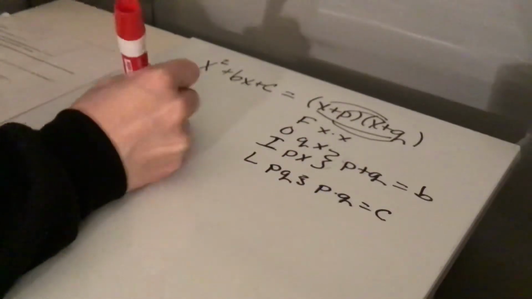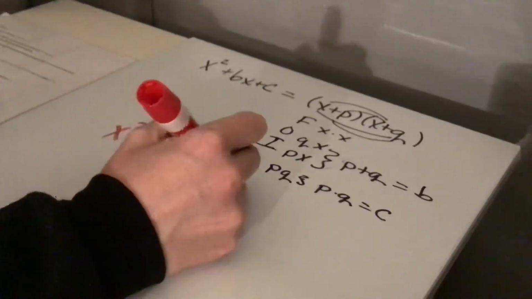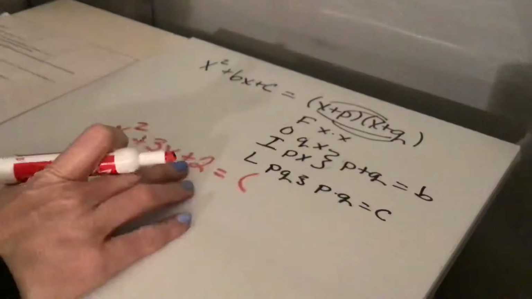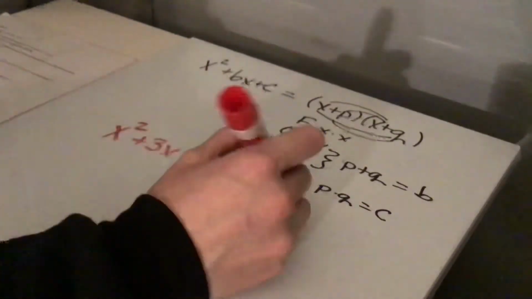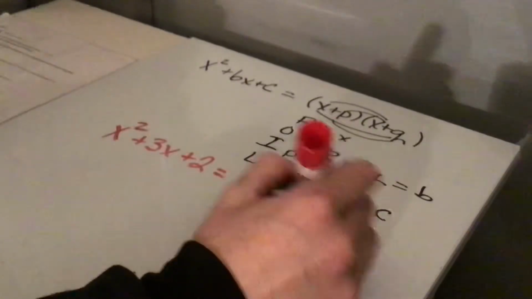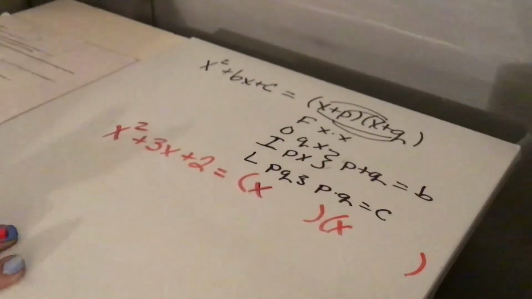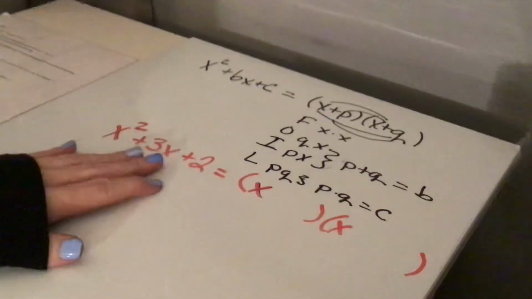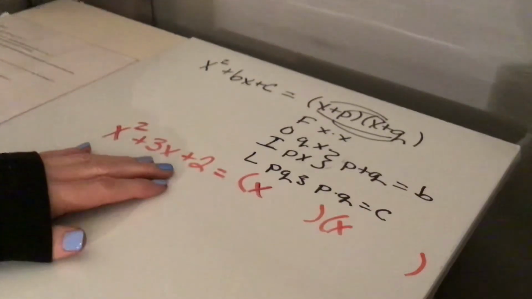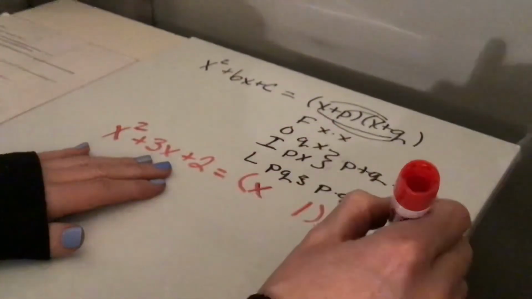So x squared plus 3x plus 2. This is going to factor to factors of 2. For now it's just x. So we get x plus something times x plus something, okay? So factors of 2. We know factors of 2 are 1 and 2. That's the only factors of 2. Could be positive and negative, okay?